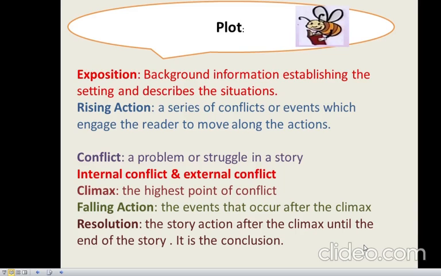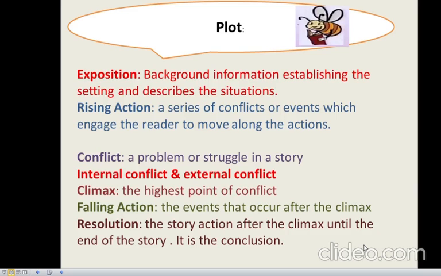Talking about exposition, what is exposition? It is the background information establishing the setting and describing the situation. It is that part that sets the stage for the story, and it contains the setting, contains the character.